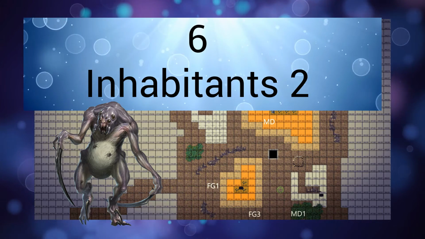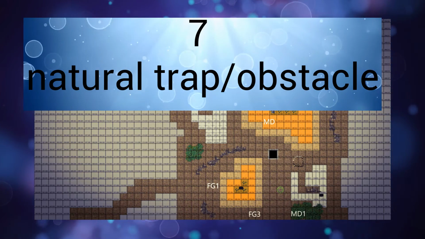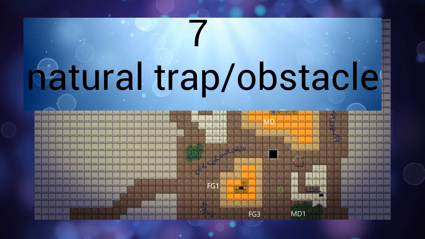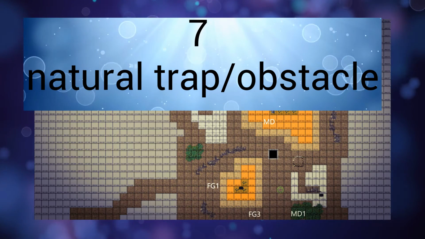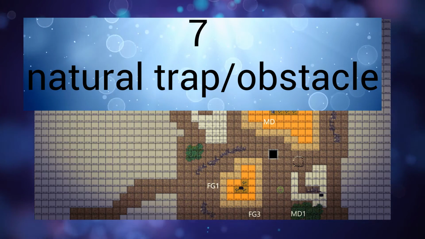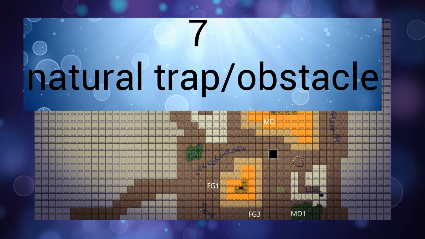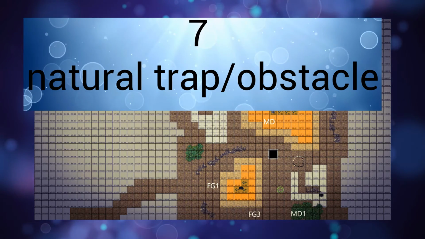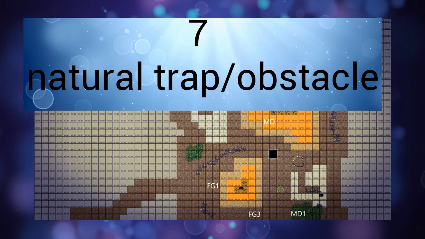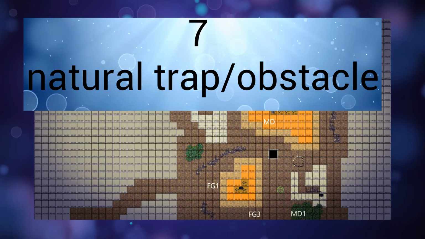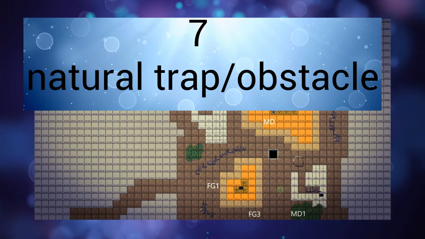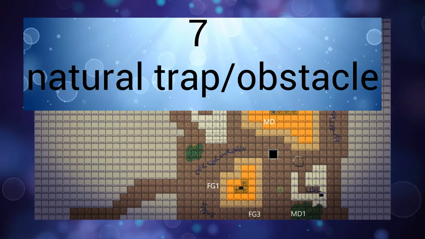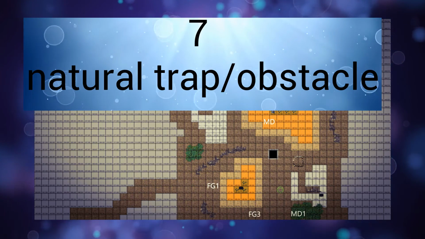Alright, number 7, natural trap. Natural traps are like lava flows, cave-ins, pitfall traps, floods, any of those sorts of things that a human could not do on purpose. I mean, they could do something, maybe you unblock a dam and cause a flood, but this often closes off a particular area.